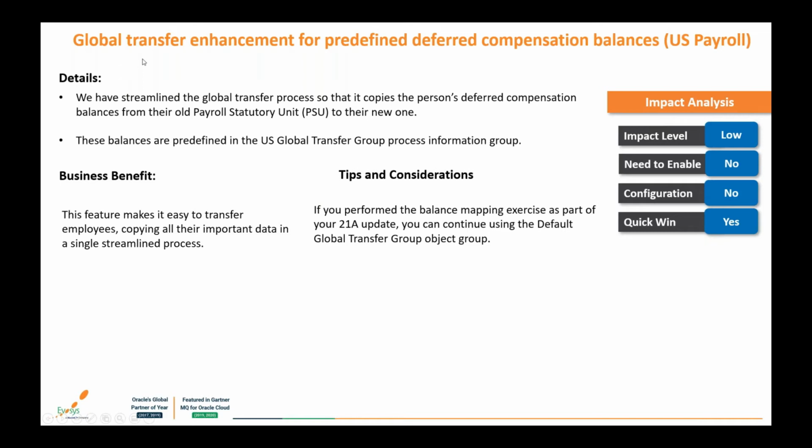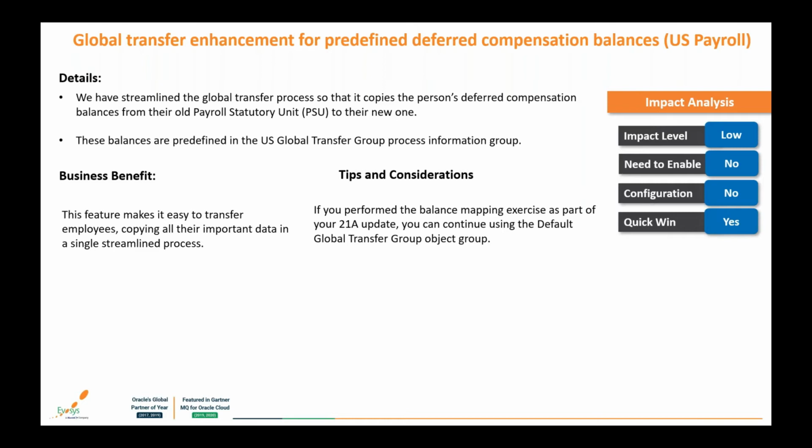Coming to the next feature, global transfer enhancement for predefined deferred compensation balances. As discussed with the previous feature, this is a similar one. Oracle has streamlined the global transfer process so that we can copy the balances from the old payroll statutory unit to the new one which the employee is moving to after a transfer.